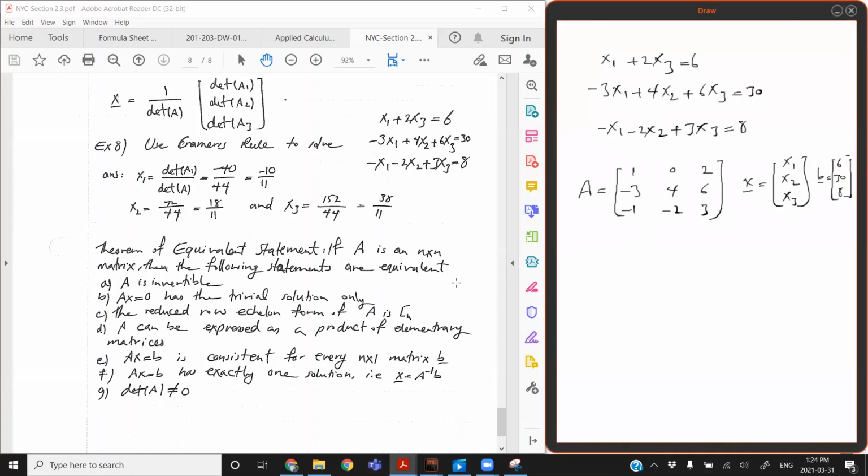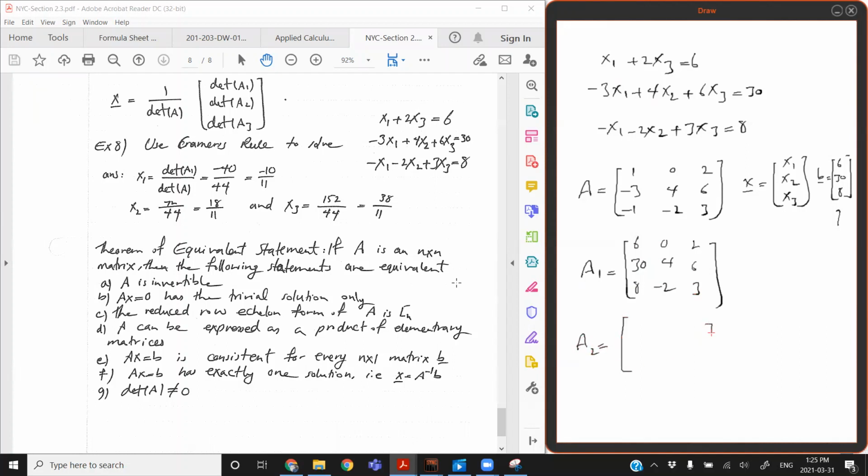So we also need to create three matrices, A1, A2, and A3. What is A1? A1 is the matrix that is obtained from A by replacing the first column of A with B. So I'm going to leave out the first column of A and replace it with B, which is 6, 30, 8. The other two columns are the same as A. So that would be A1. What is A2?